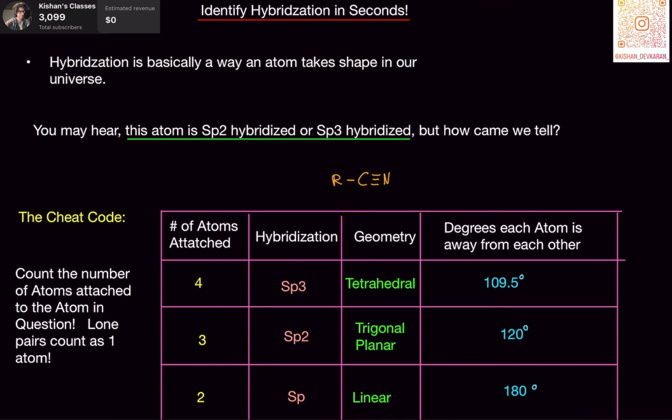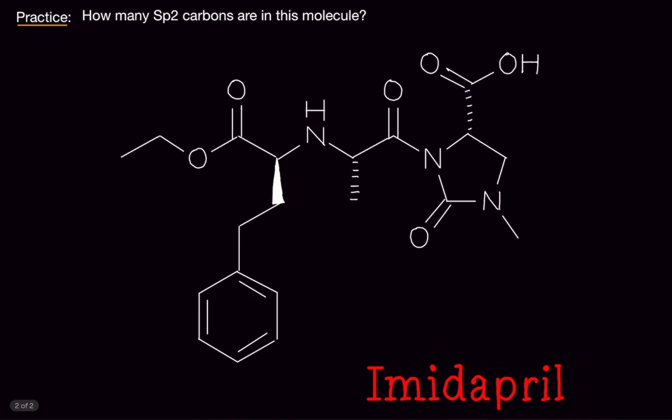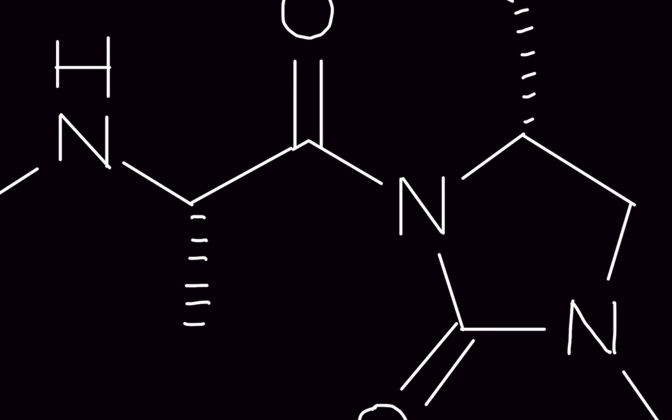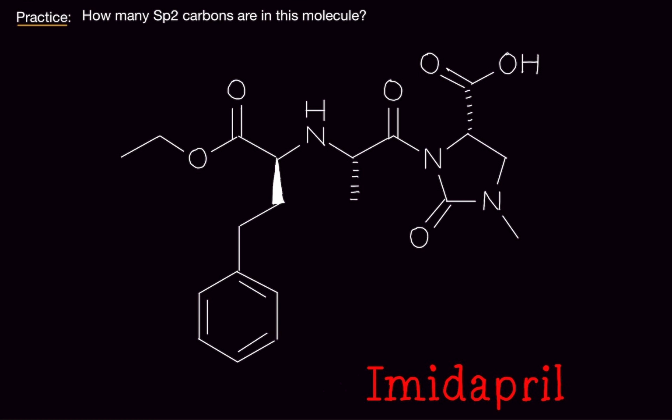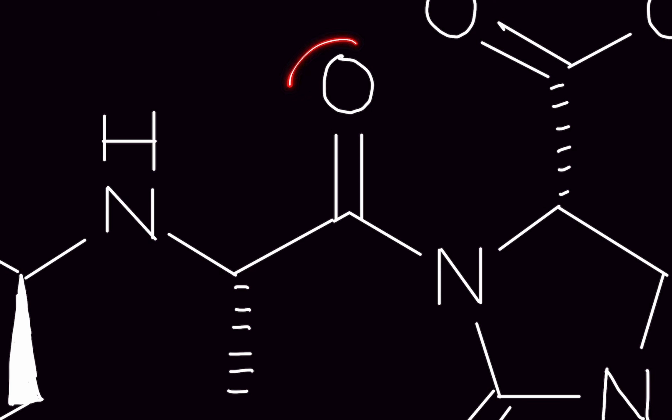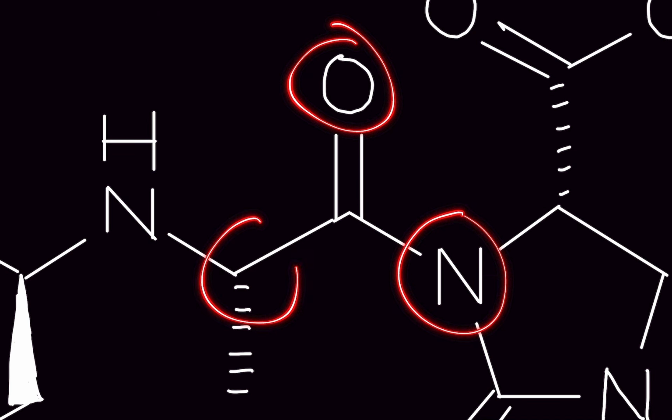Here's the cheat code. All you need to do is look at the number of atoms attached to your atom of interest. For example, if your professor on a test asks you, what is the hybridization of this carbon right here? What you need to do is look at all the atoms attached to that carbon.